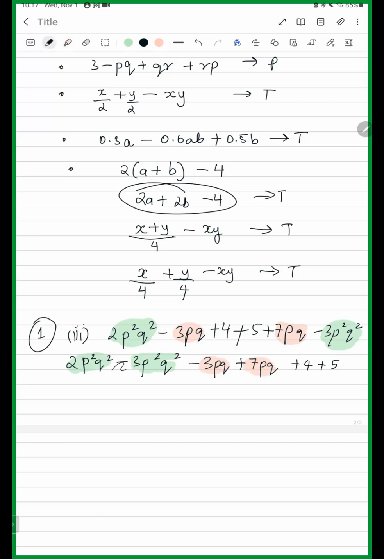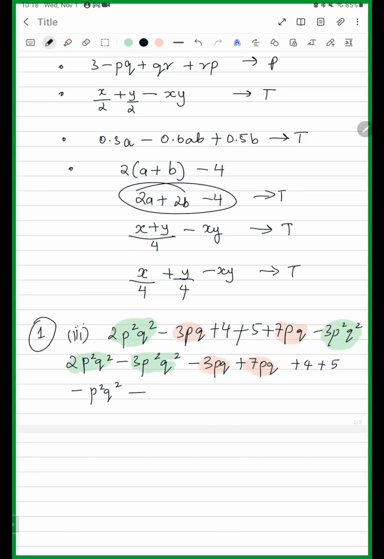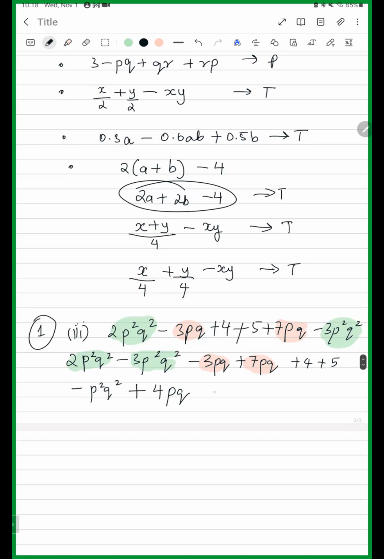So now it will be minus p square q square, because of minus 3. And then plus 4pq, and then plus 9. Okay, so this thing you can do.